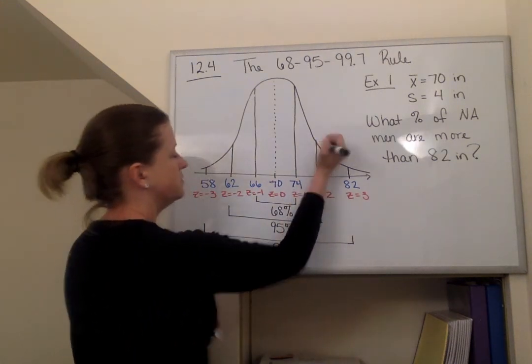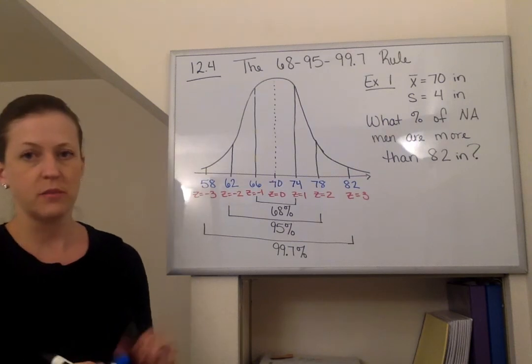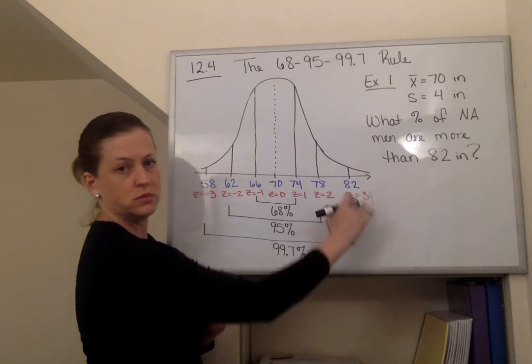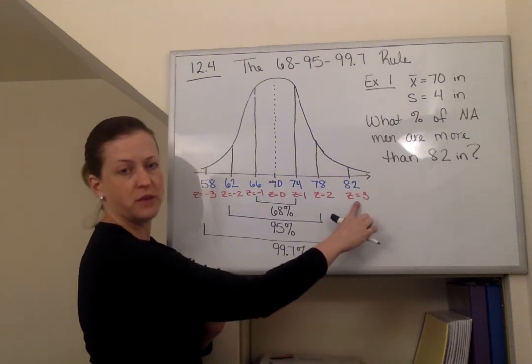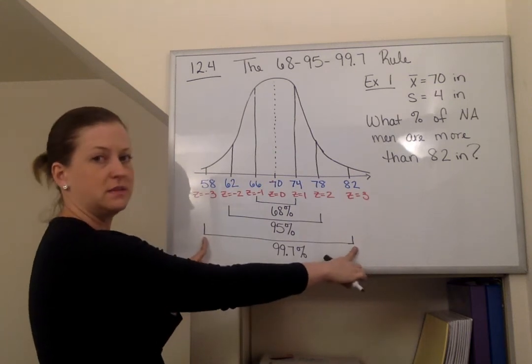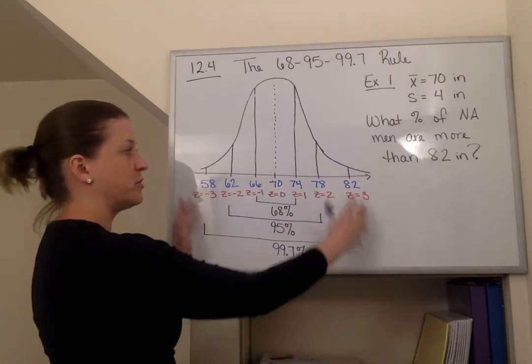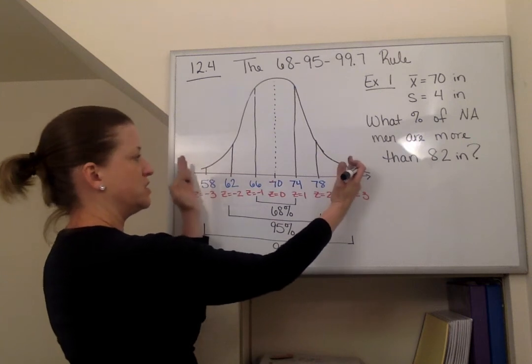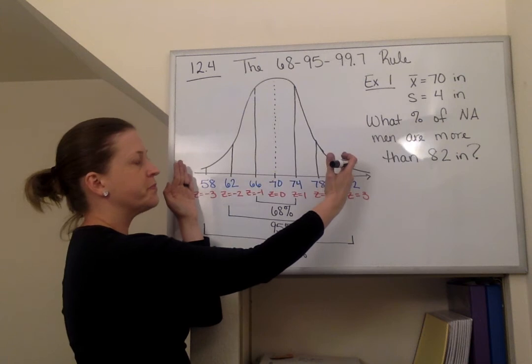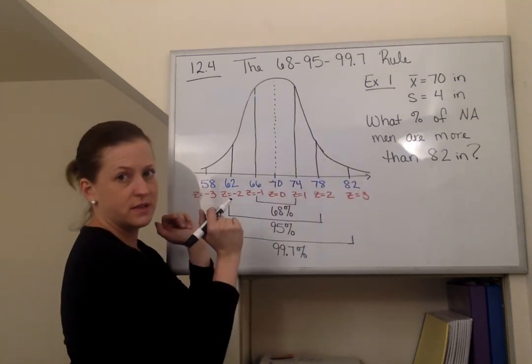So, I'm going to do the same thing I did the last one. So, 82 is 3 standard deviations above the mean. Okay, your z is 3. So that means that I'm looking at this 99.7%.